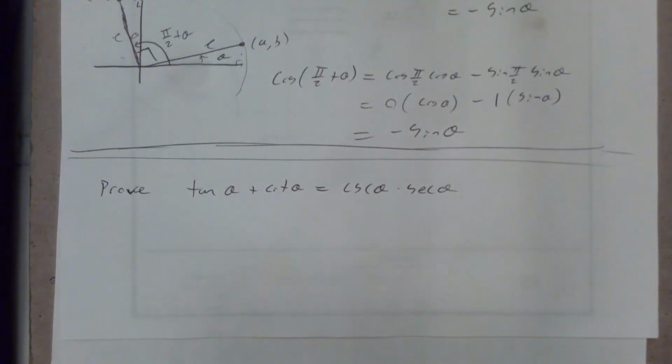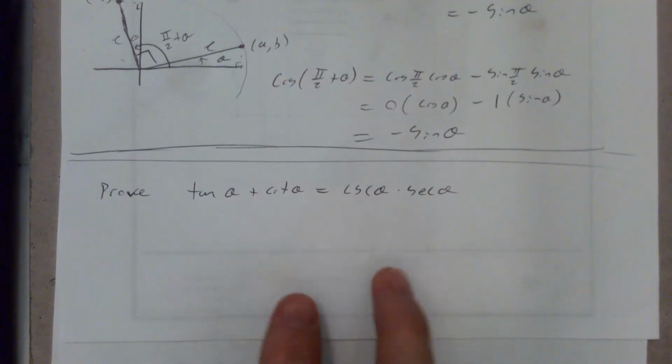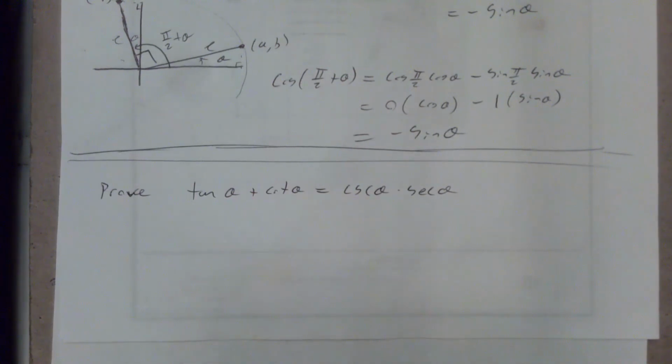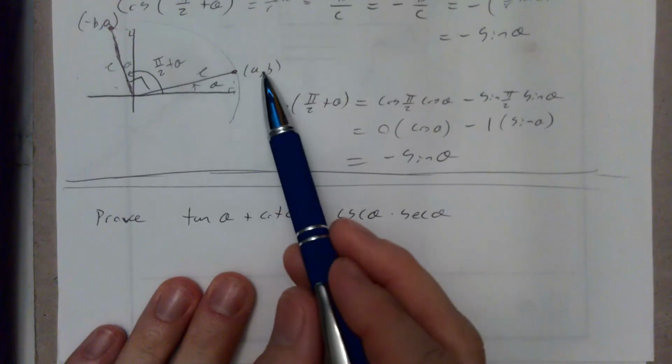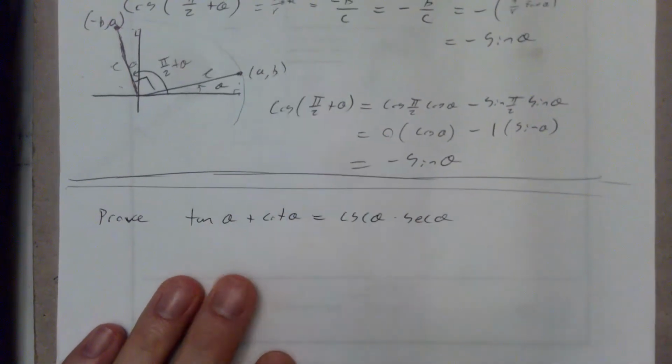And that would have worked in grade 11 for every single identity. It's not going to work in grade 12 when we have double angles. You don't want to build your double angle formula by using XYR definitions.